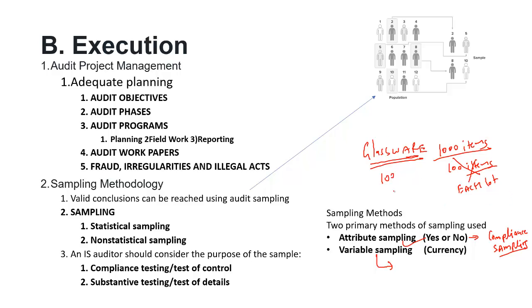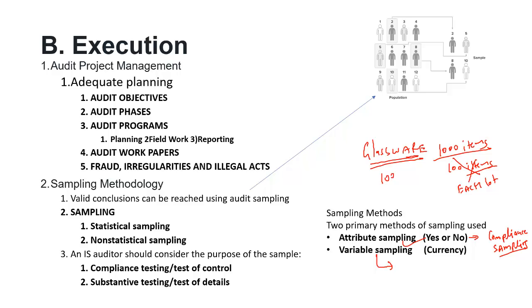Now take an example of the automobile industry. In an automobile manufacturing plant, if you're checking whether the car starts on the first attempt, that is an attribute. But they claim that the car will provide 18 km per liter. Color, black, or a shade of gray is also an attribute. But whether it can provide the defined mileage, we check that, and that is called variable sampling.